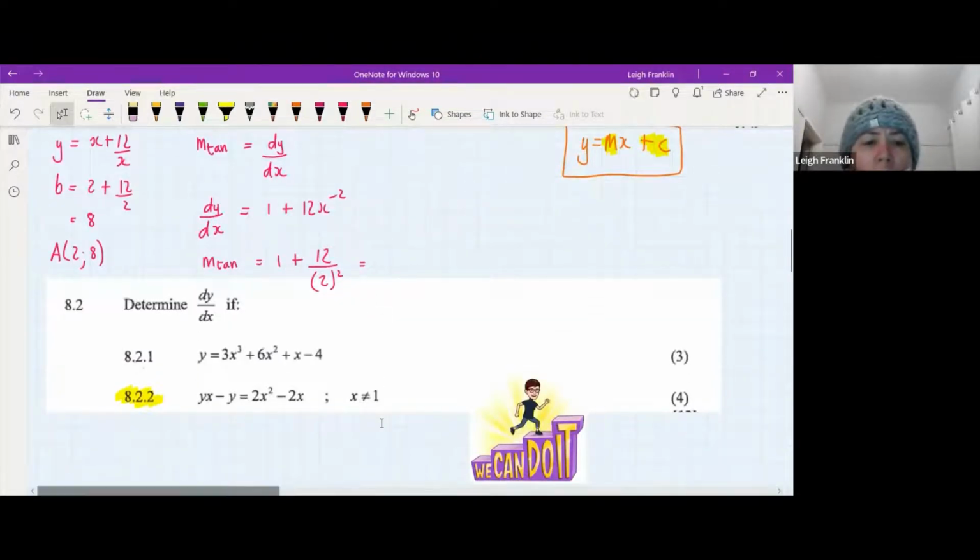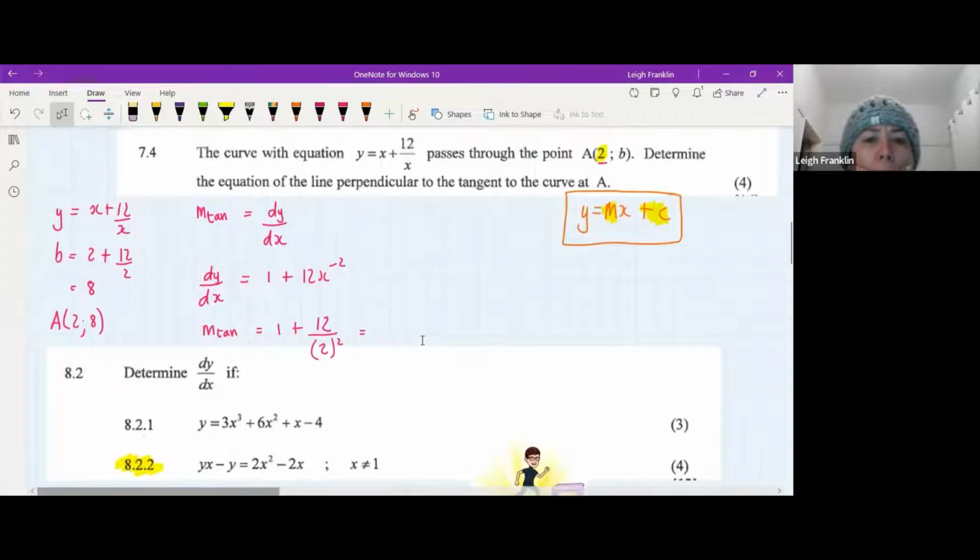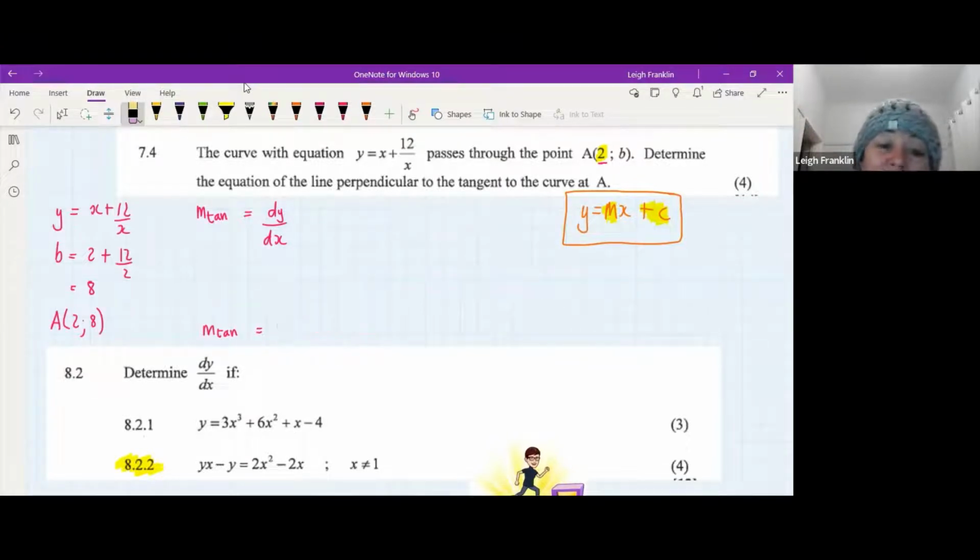I don't know if I have. Let me just double check my work. Oh, that's my mistake. Okay, all right. Here, you see, this is why it never pays to take shortcuts. Sorry, my mistake is with my sign.